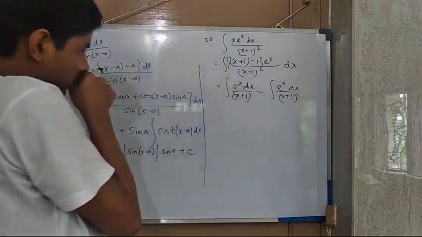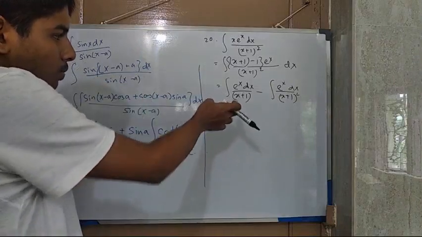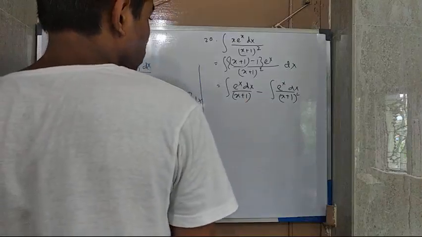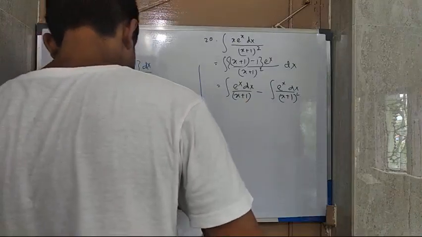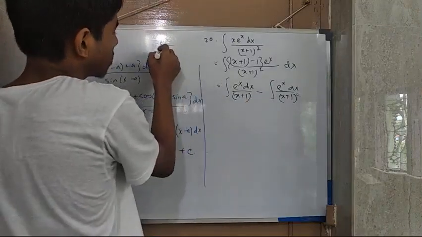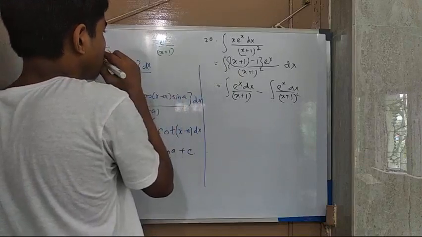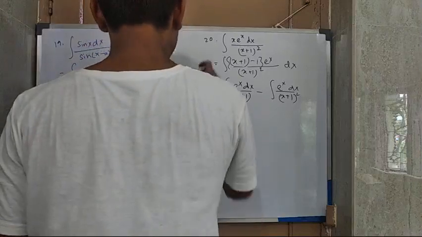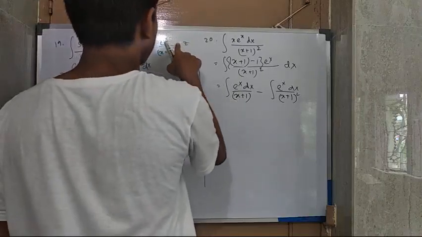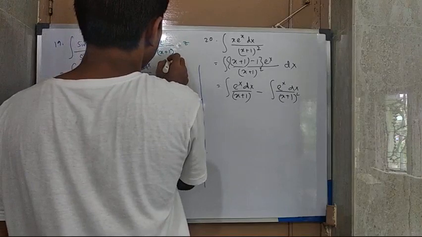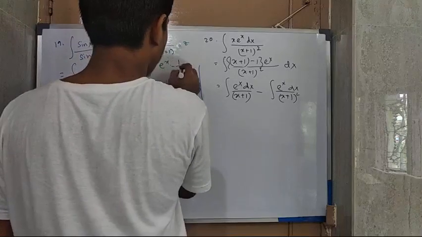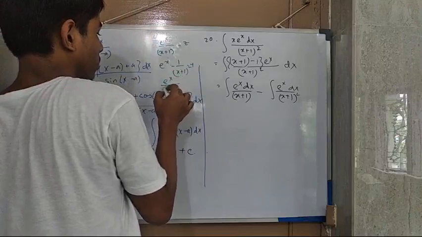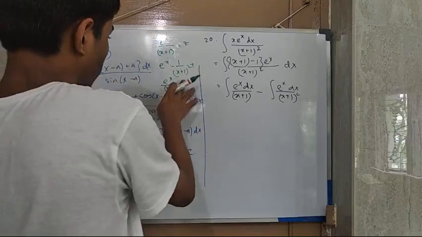Now let's see what this comes to. The derivative of e to the power x by (x plus 1) is e to the power x by (x plus 1) minus e to the power x by (x plus 1) whole squared.